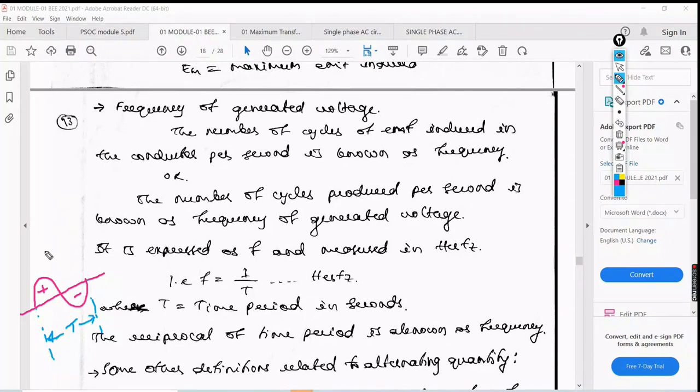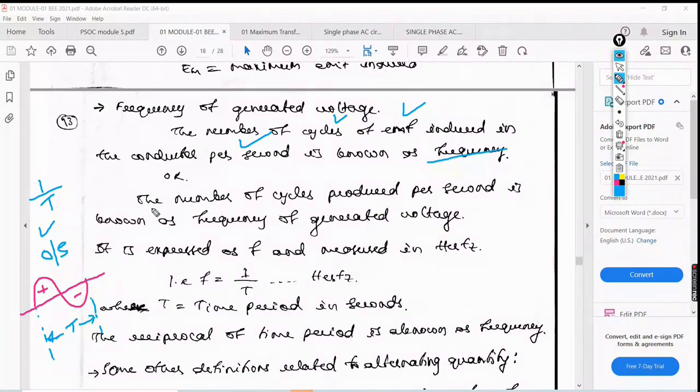Number of oscillations per second is called frequency. It can also be called the reciprocal of time period. Whatever the cycles which get induced by the EMF per second in the conductor, that itself is called frequency.